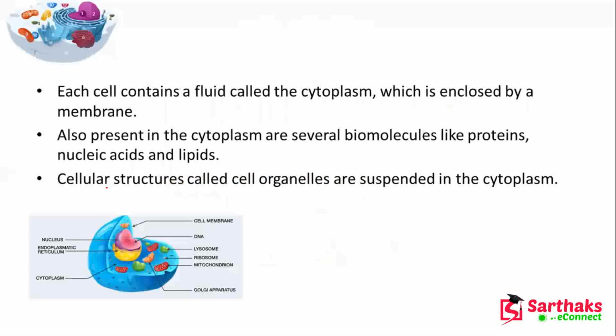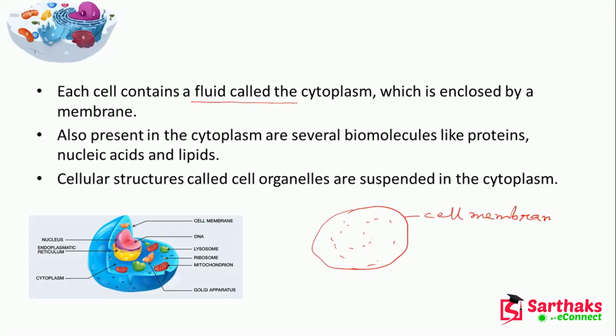Okay. Now, what does the cell have? First thing, for any cell, there is cytoplasm. Each cell contains a fluid that is called cytoplasm, which is enclosed by a membrane. That is called the cell membrane. And this is the cytoplasm.